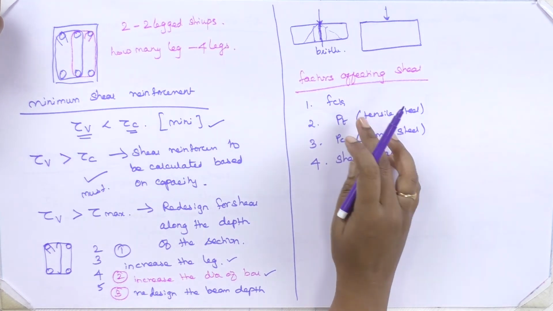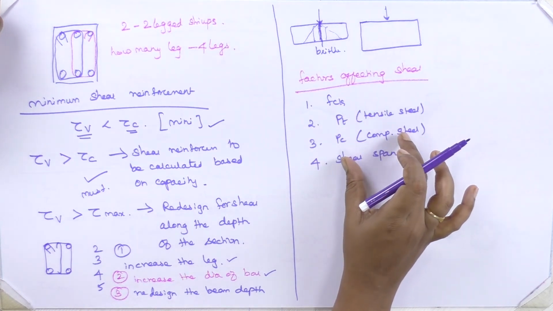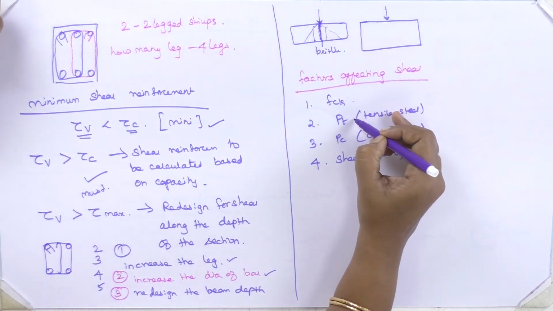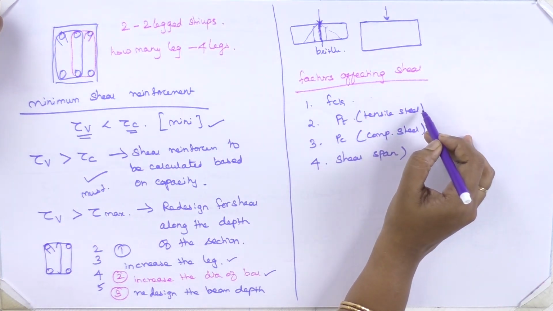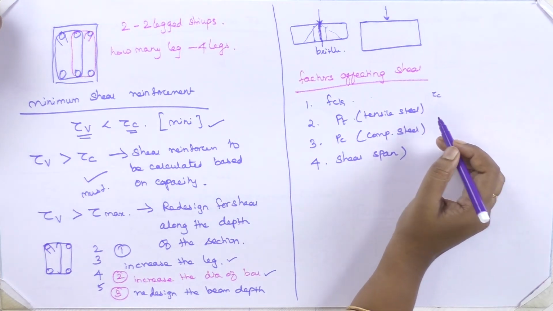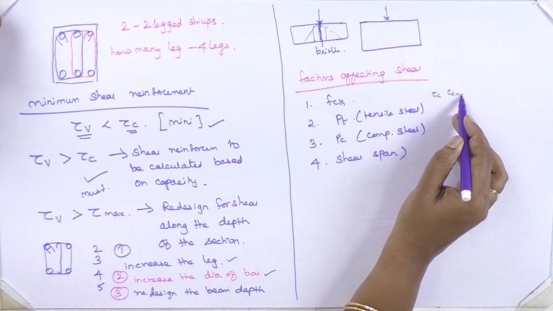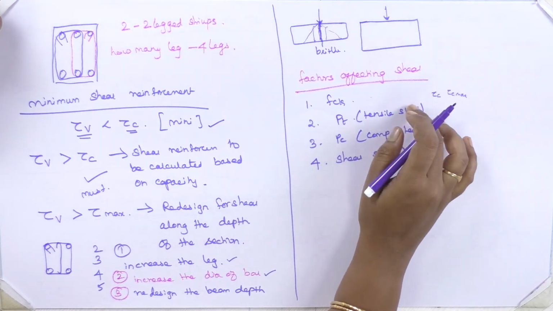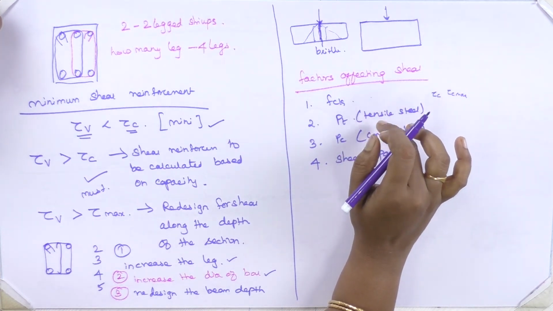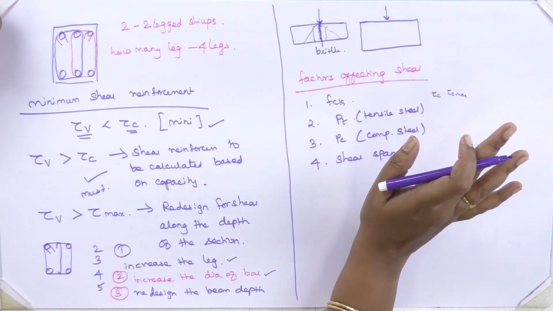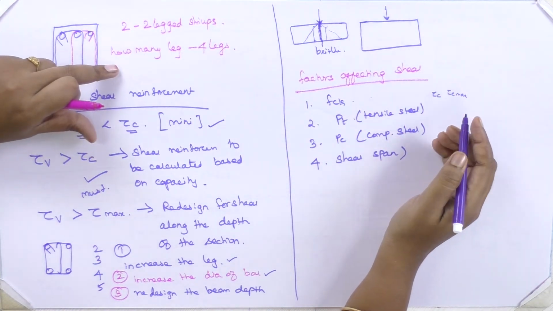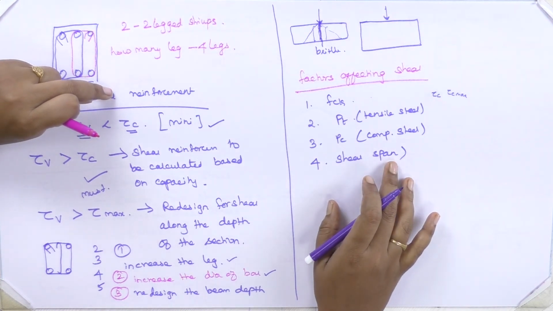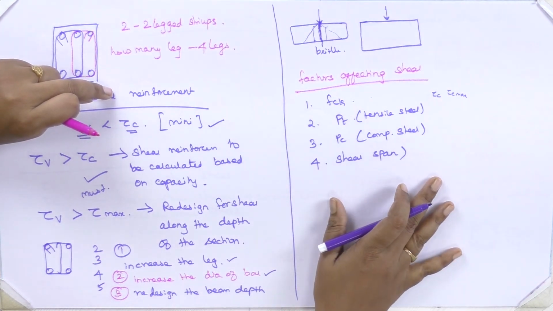So these are the main criteria you need to check. These are some of the factors which affect shear, because fck and pt correlate with the tau C value, then tau C max value also. So based on these values you need to take care of your shear. These are the factors mainly affecting the shear behavior of your element. Okay. Then in the next class we will see some problems associated with shear also.